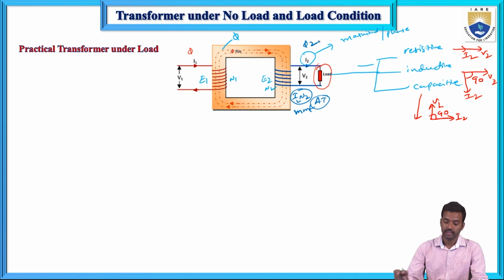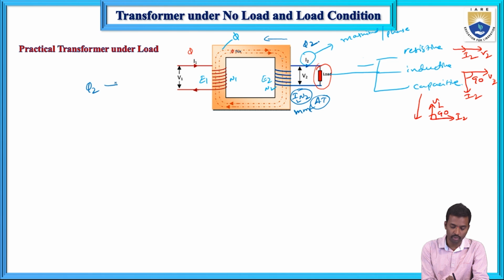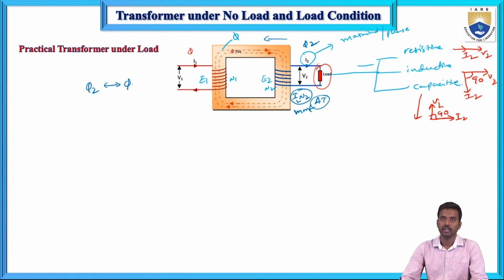This phi 2 flux opposes the main flux phi, which is produced by the magnetizing component of no load current in the core.